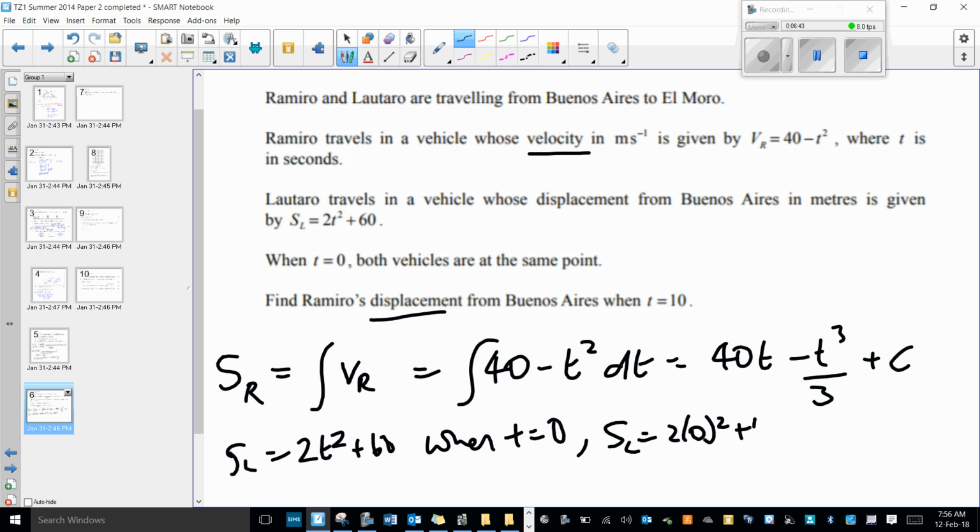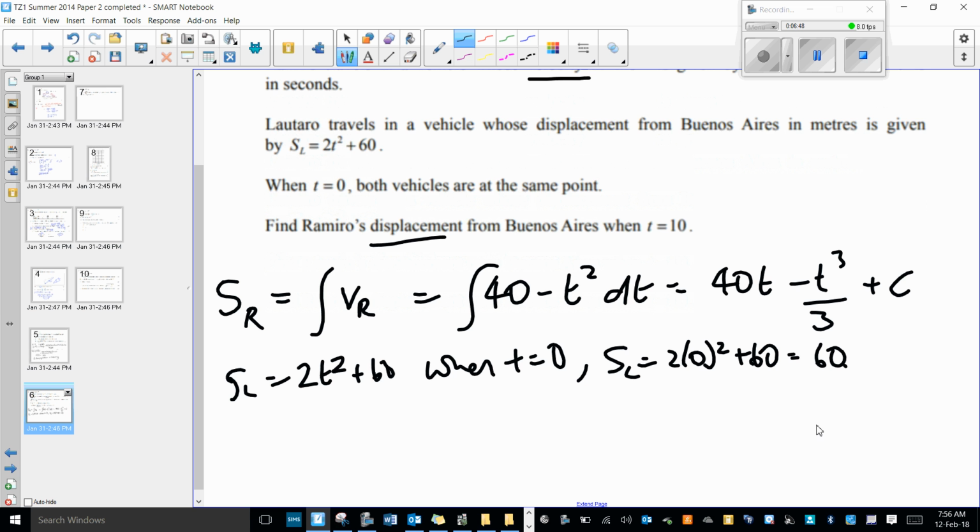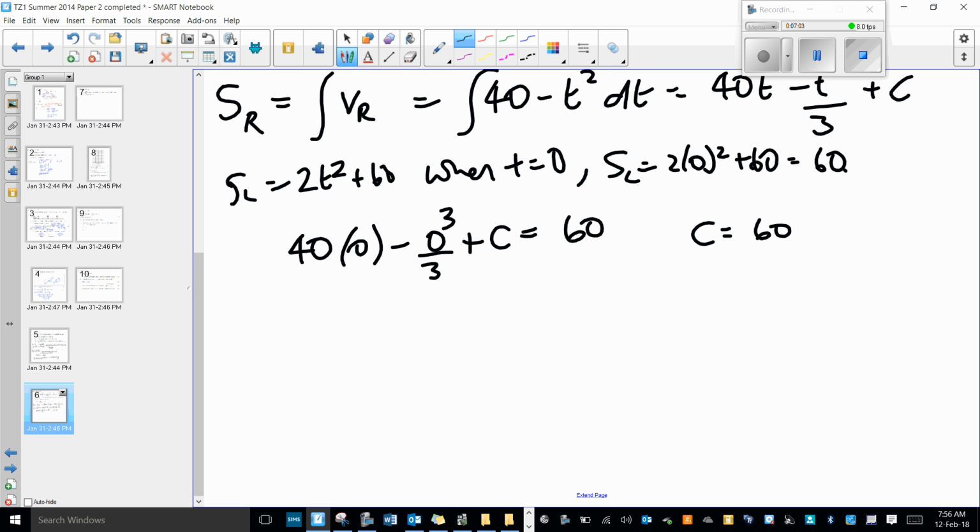So that means 40 times 0 minus 0 cubed over 3 plus c has to equal 0, which means that c is 0, so that S of Ramiro is now 40t minus t cubed over 3. So there's an expression for Ramiro.